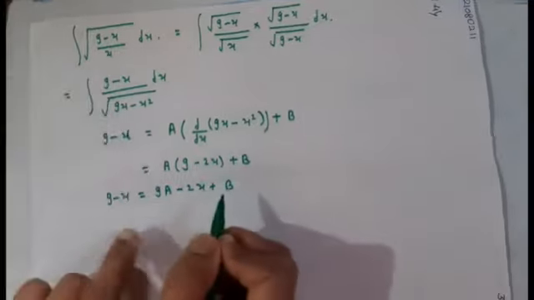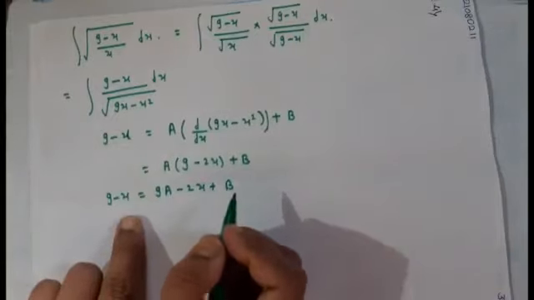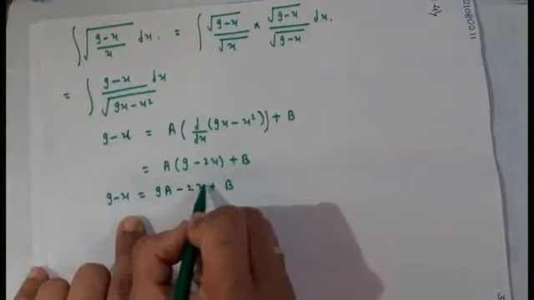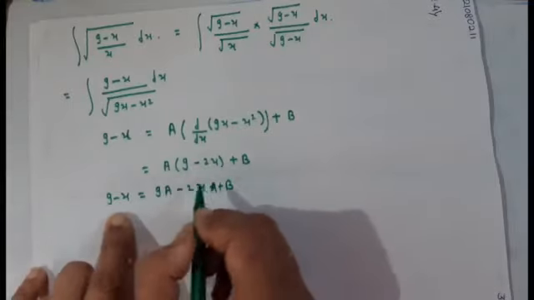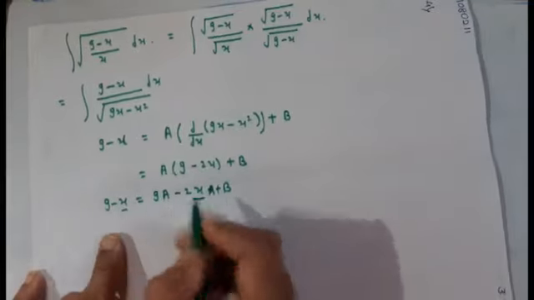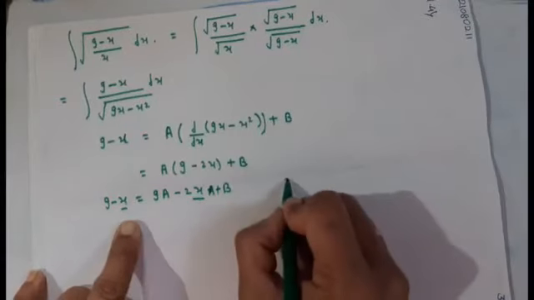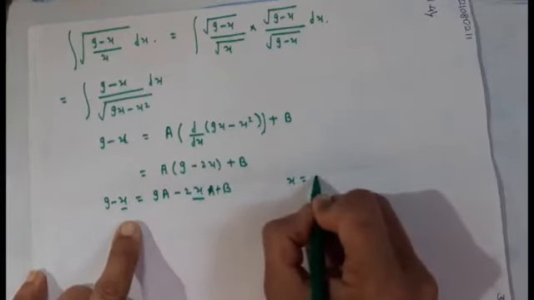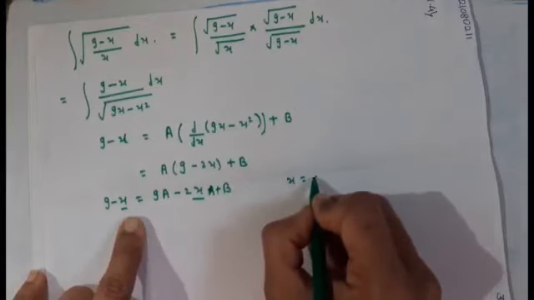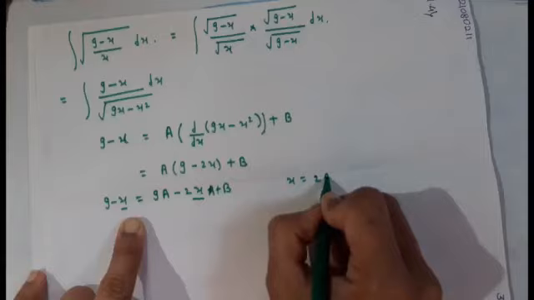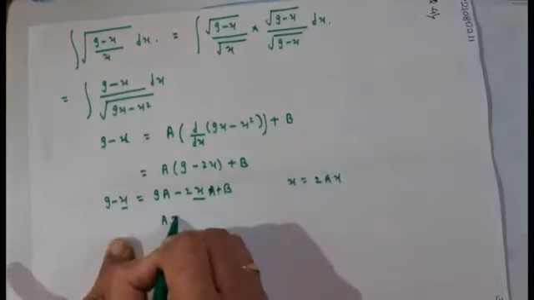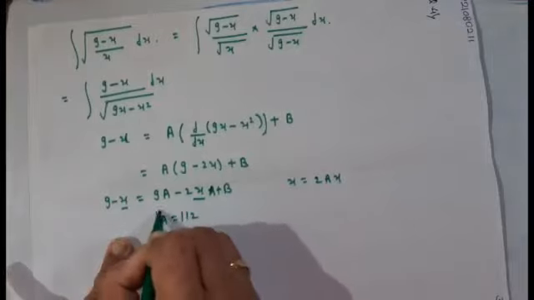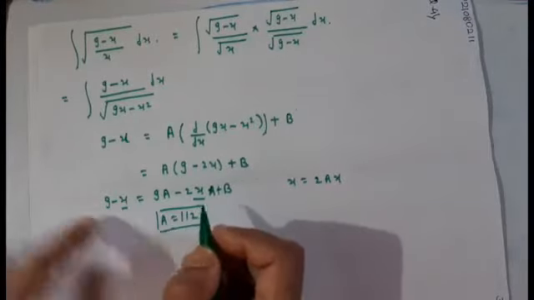So compare the coefficient of x: minus x equals minus 2a, and therefore x gets cancelled and the value of a equals 1 by 2.